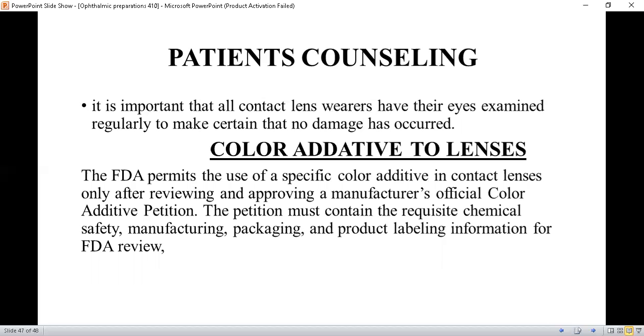The petition must contain the requisite chemical safety, manufacturing, packaging, and product labeling information for FDA review. Students, not all colors are allowed in eye lenses because they are in contact with our cornea and our eye and can produce severe side effects. Therefore, FDA regulates that only approved colors should be used for the lenses.